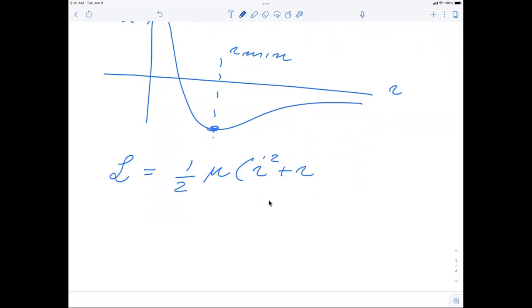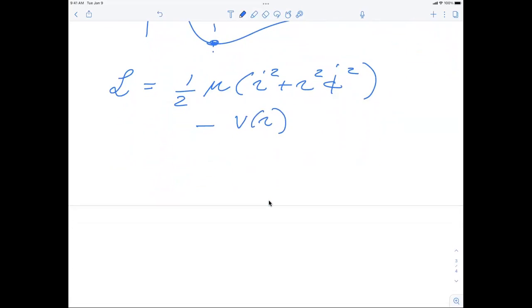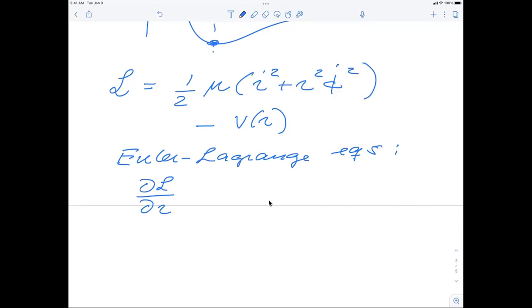We would have this kinetic energy, based on the same transformation which we did before, and then minus V of R. When we bring in the Euler-Lagrange equations, we need equations for the derivative with respect to R. So we have a time derivative, d dt of dL with respect to the radial velocity, and we want this to be 0.